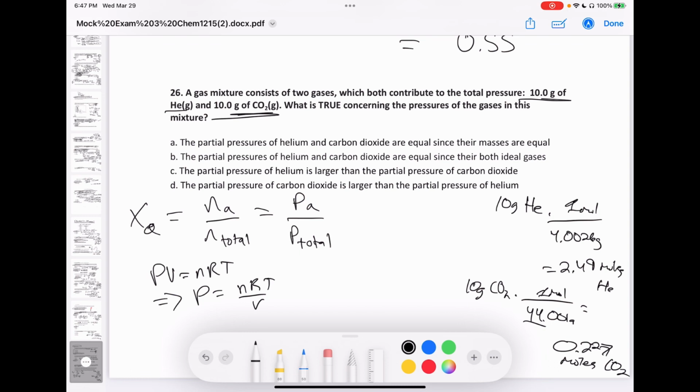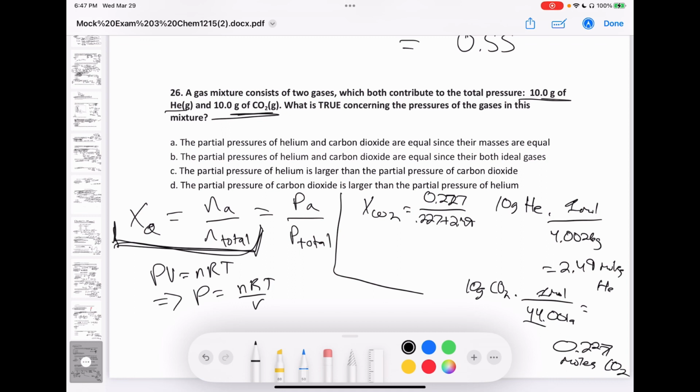So they won't have equal partial pressures. If you find chi of, let's say, CO2, it'll be 0.227 over 0.227 plus 2.49, which is going to be a pretty small number.